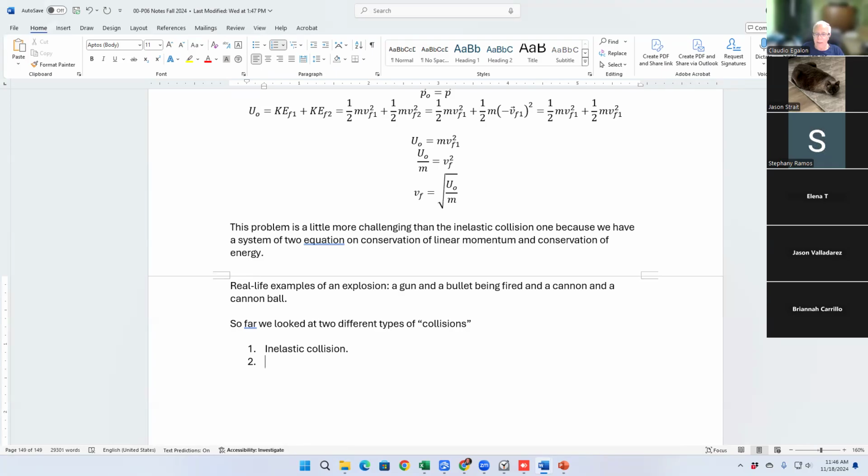The second one is an explosion, the reverse of an inelastic collision. There is one more important type of collision that you must know.